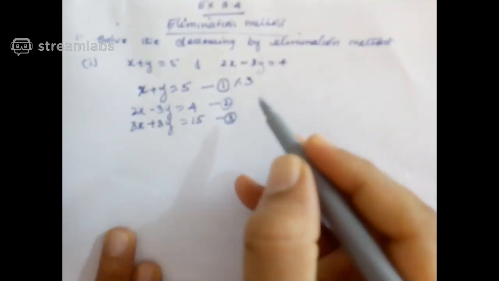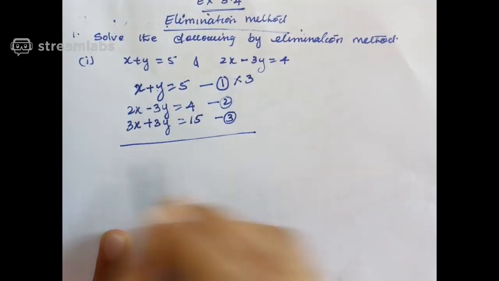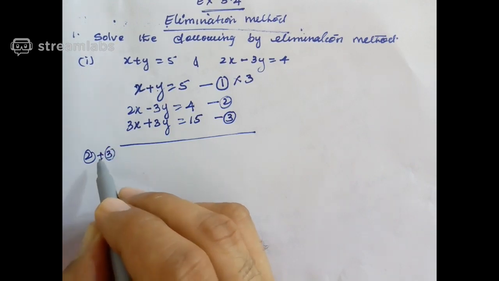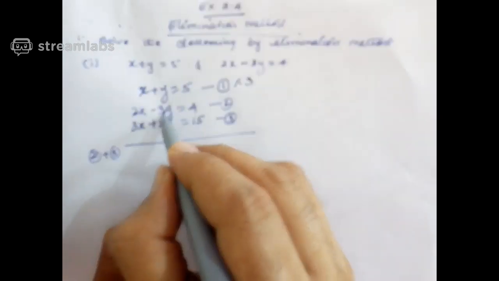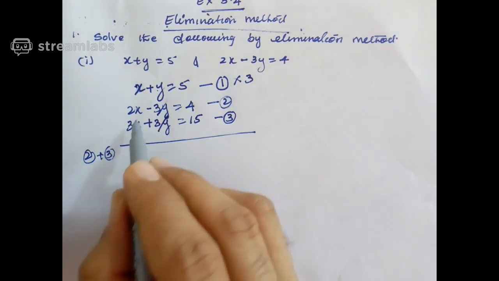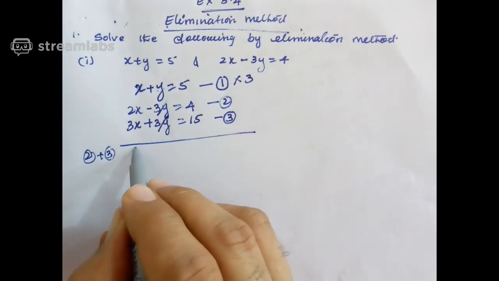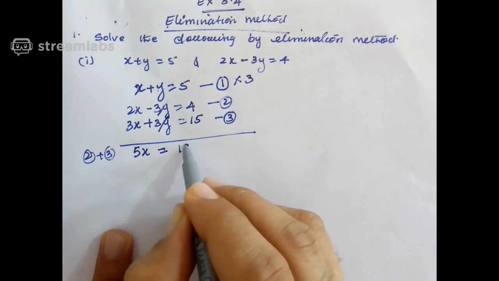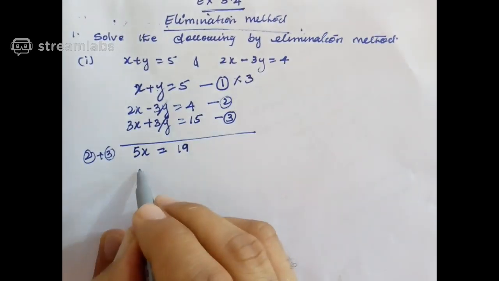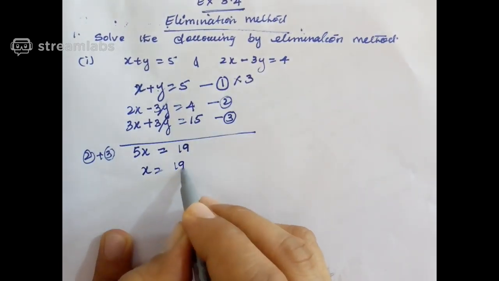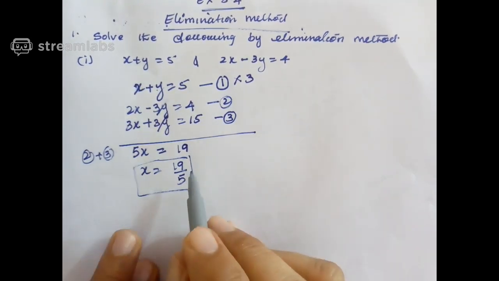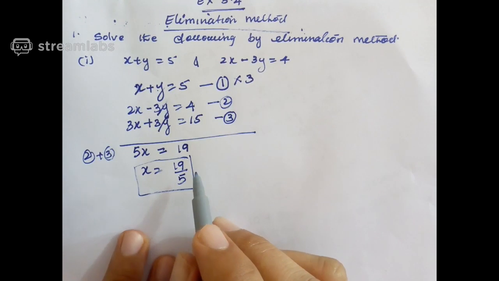Equation number 3. Now I have to add 2 and 3, add these two equations. Minus 3y plus 3y gets cancelled, 2x plus 3x is 5x is equal to 4 plus 15, it is 19. So what is x? It is 19 by 5. X is equal to 19 by 5.